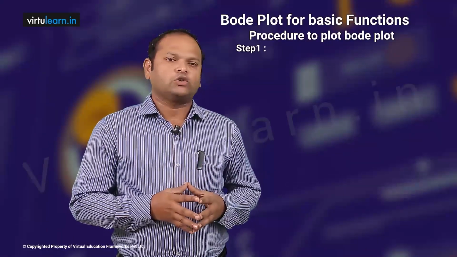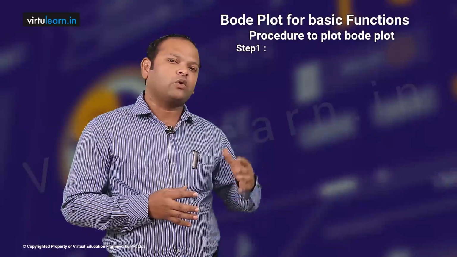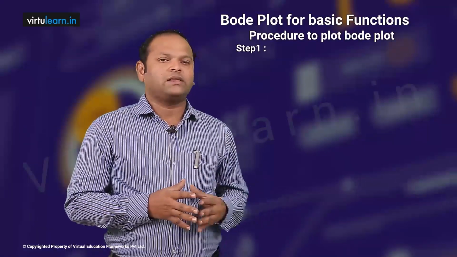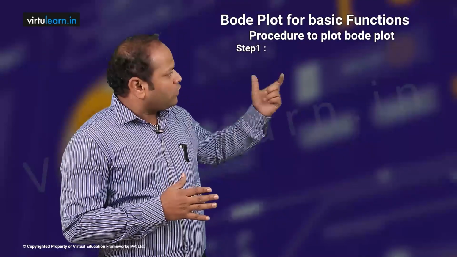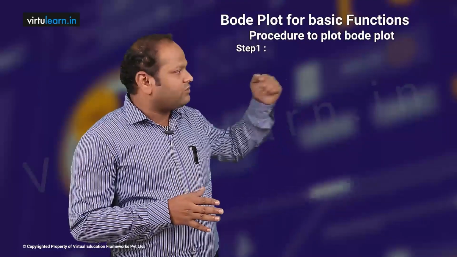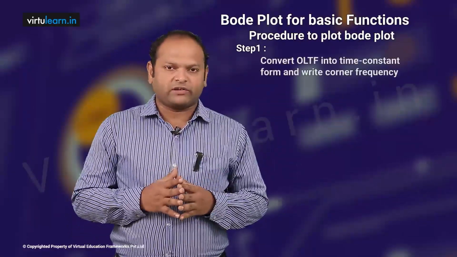of the closed loop system, or to analyze the closed loop system, or to design the closed loop system. So step 1 is to look at the open loop transfer function and convert that into time constant form.